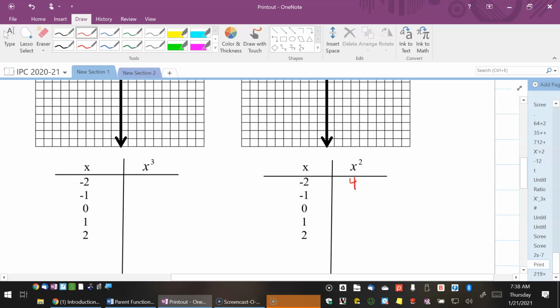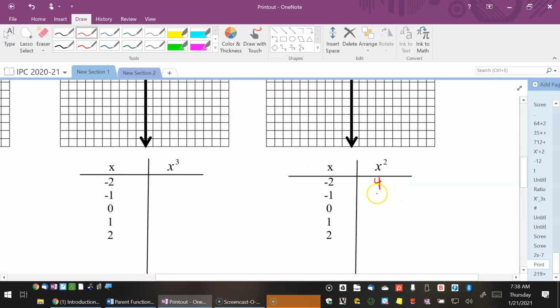How about negative 1 squared? 1. How about 0 squared? And then 1 times 1 is 1. 2 times 2 is 4.